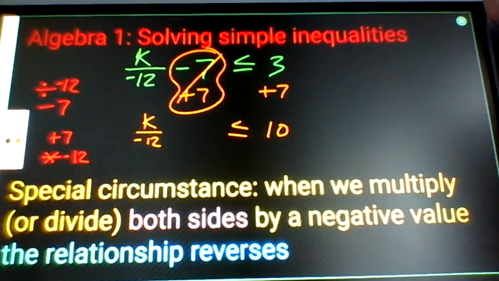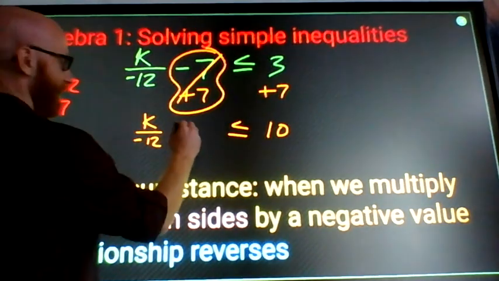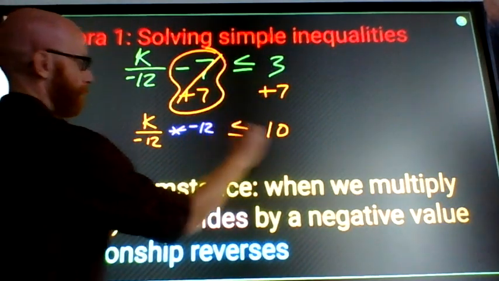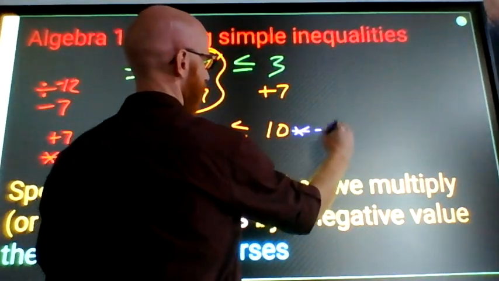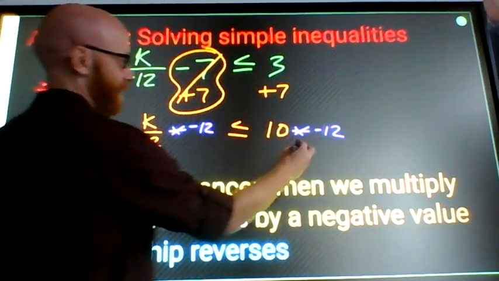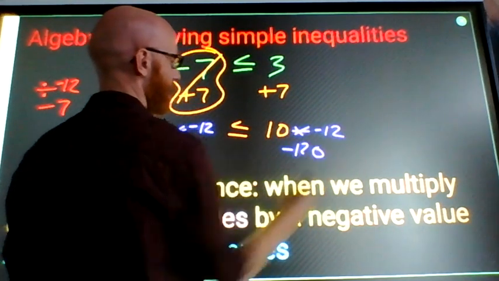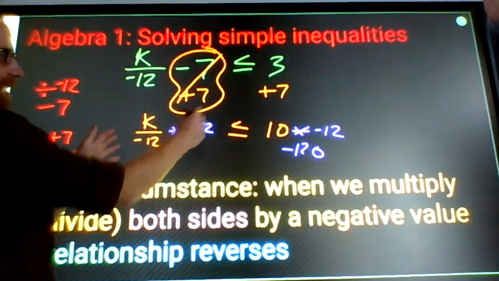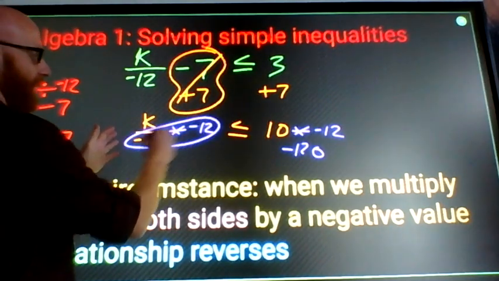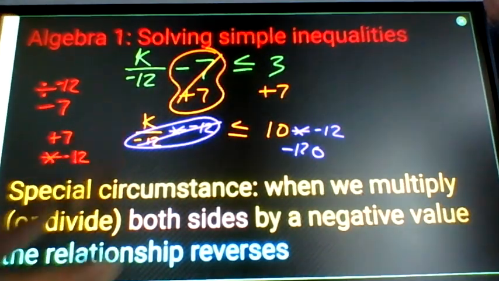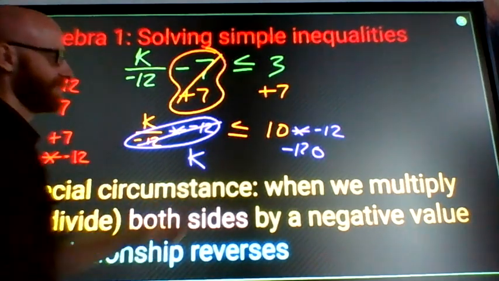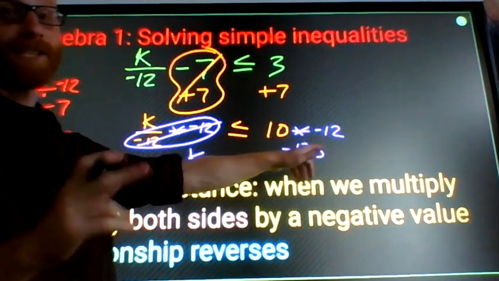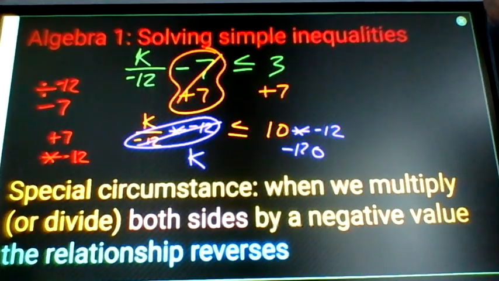All right, next move, multiply by negative 12. 10 times negative 12, negative 120. Times negative 12 divided by negative 12 cancels out. k, negative 120. All right, this is what I mean when I say the relationship reverses.